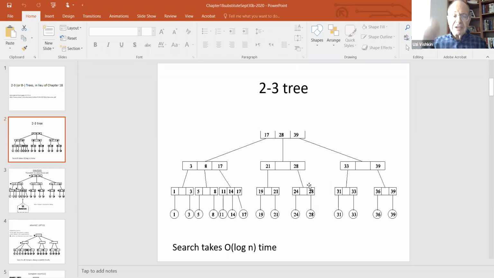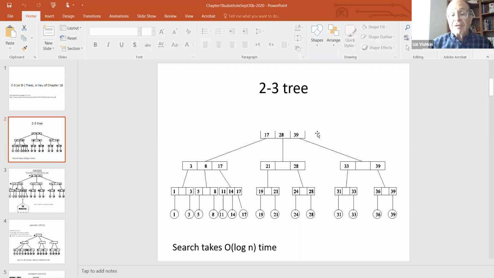Look at the question I asked you. When I look for the key 30 or 31, was there a value that I never looked at? I claimed that I didn't really need the 39, because if I were not to have the 39 here, only the 28, this would be enough to conclude that I need to go to the right. Is that clear?